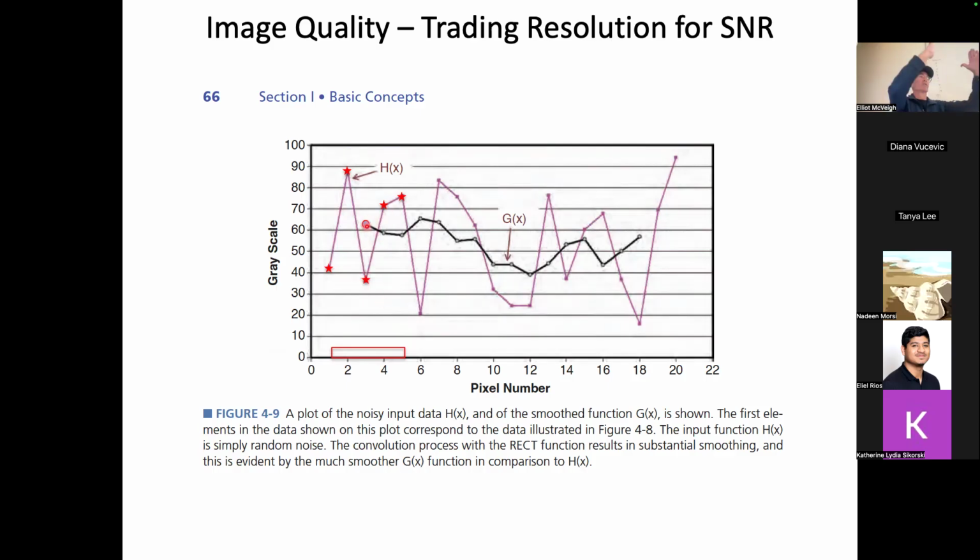All I'm doing is taking a window, averaging 5 pixels, moving it another pixel, averaging 5 pixels, and I produce this new profile, and it has a lot less randomness. It's closer to the mean value, and the randomness has gone down. And I've sacrificed spatial resolution for signal to noise.